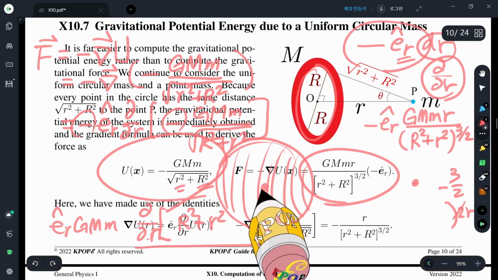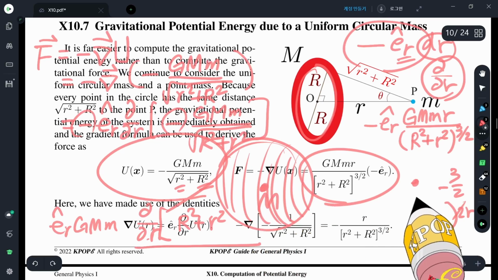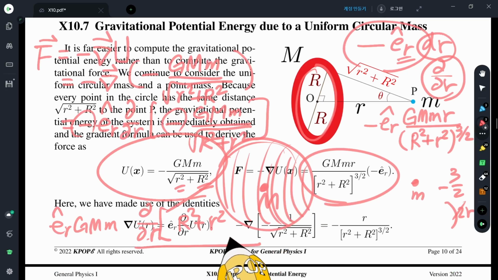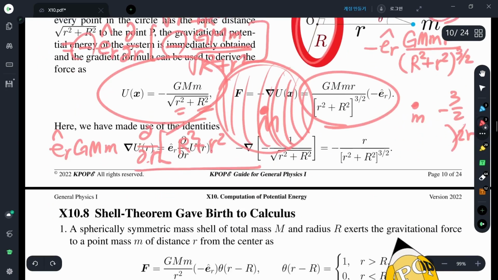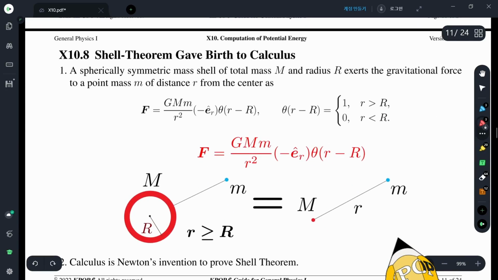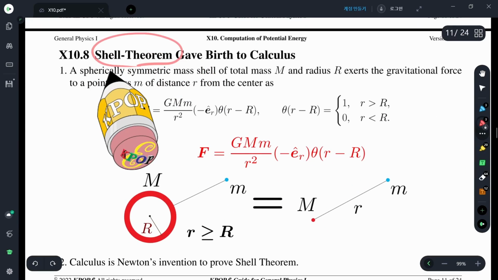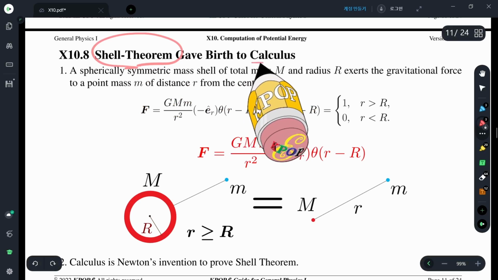The same as between two points with the same mass. This is called the shell theorem. And the shell theorem is historically very important because it gave birth to calculus.